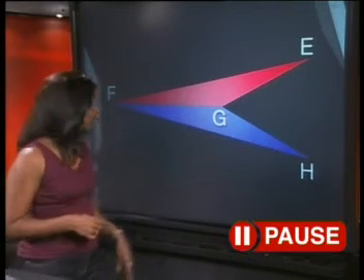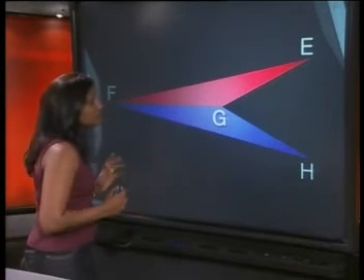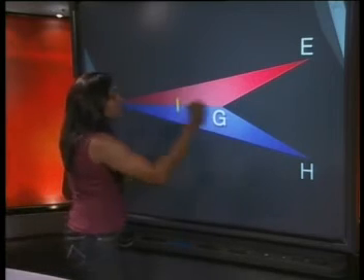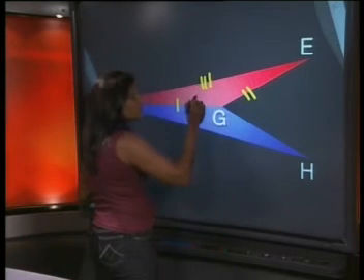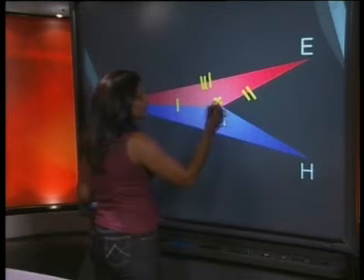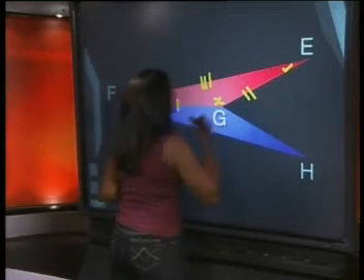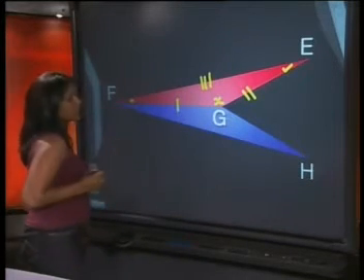By the definition of a kite, two pairs of adjacent sides must be equal. Now, does our shape fit the definition? Let's put in all our markings from before. We know that this side was not equal to this side, was not equal to this side because it was a scalene triangle. We mark this as X, this as this, and here the dot.